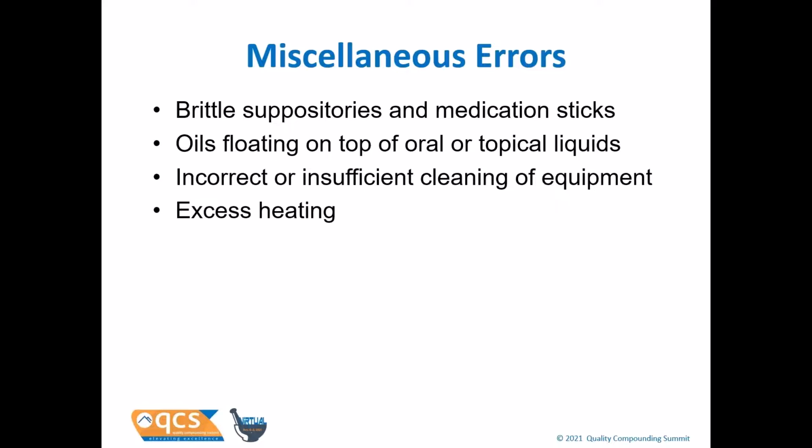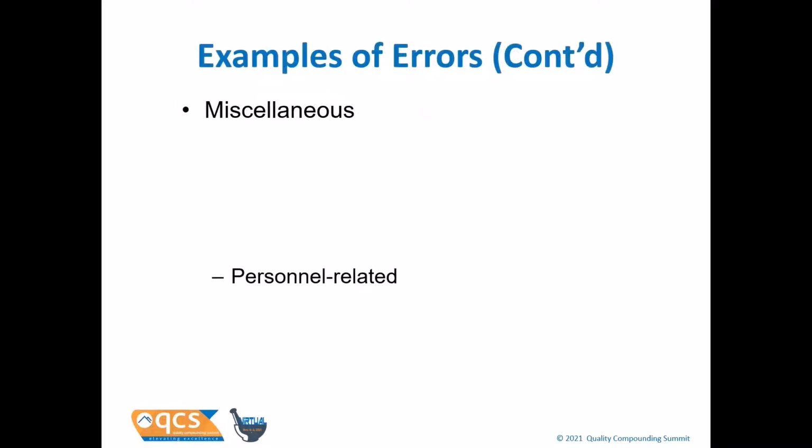Excess heating is a big issue because we tend to get in a hurry, especially when you start getting behind and have a lot of compounded preparations, so you crank up the heat a little bit more on your hot plate. That's not a good idea because whenever you add your formulation to that, it's going to heat up pretty quickly. It's a good idea to calibrate all your hot plates.